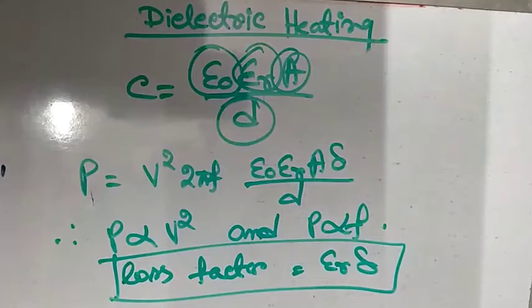Now the relative permittivity epsilon R is the indication of retained energy due to molecular deformation, whereas delta is an indication of the amount of leakage current which will flow through the insulator and so produce a heat loss. Therefore, there are limitations on the use of extremely high frequency for dielectric heating.